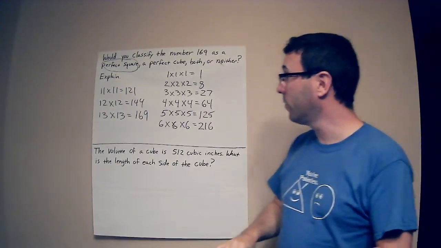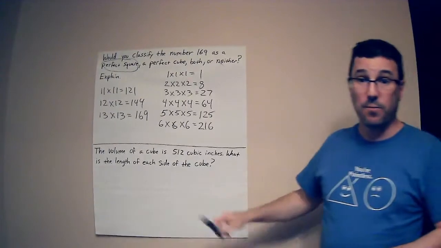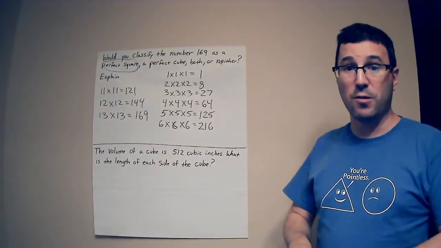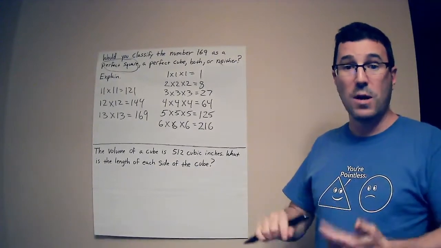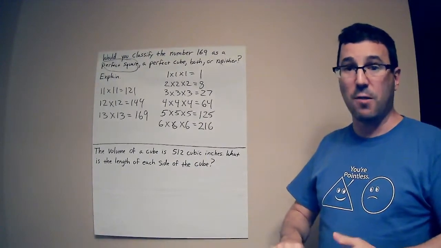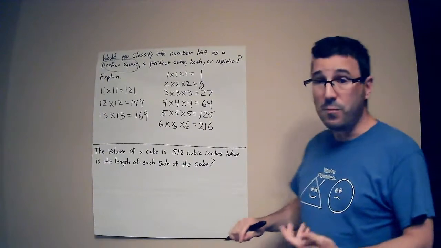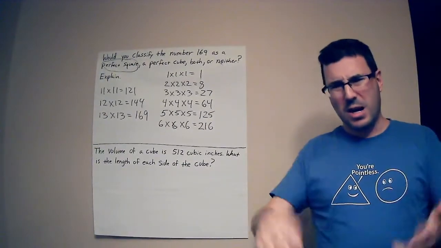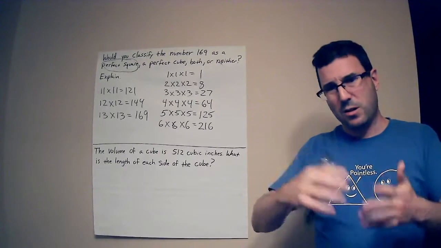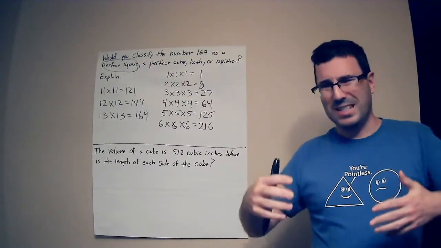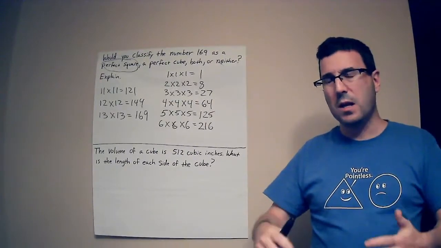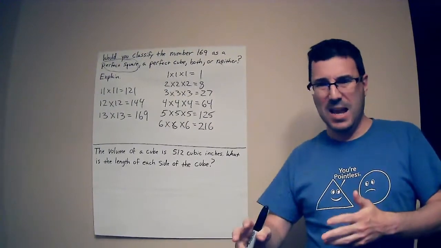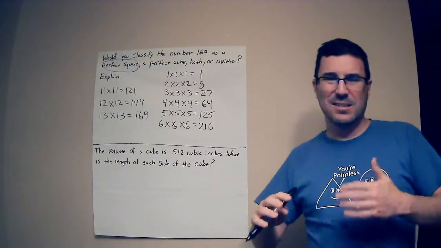Okay? The last one here. The volume of a cube is 512 cubic inches. What is the length of each side of the cube? So when we look at this, again, you're going to want to work your way through, making sure you have an idea of what the perfect cubes up to 10 are.